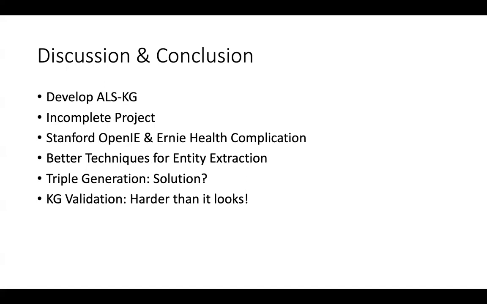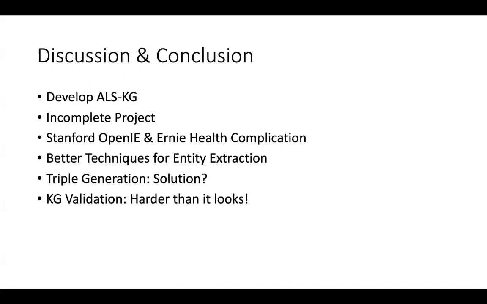Overall, the need for an ALS KG is very obvious. The amount of research in this field is very minimal, and the amount of research specifically for ALS is also very limited. The knowledge that the research community has for ALS is also very limited.